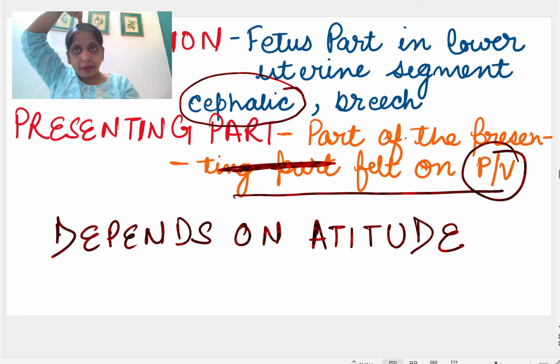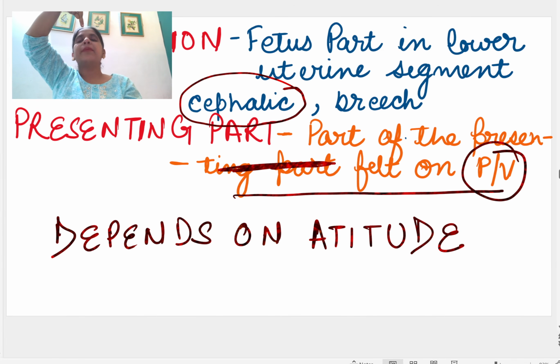If I am deflexed or in a normal position, I will feel the brow.